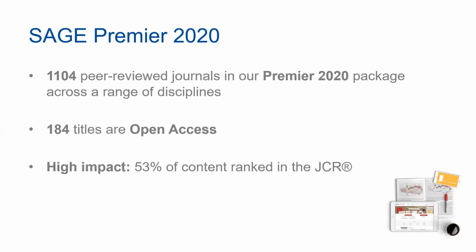Any journal that has an impact factor rating is widely cited, widely read, and the content is particularly impactful. So for over half of our journal content to have a JCR ranking really demonstrates the high, academically rigorous content that we're providing to you in this Sage Premier 2020 package.